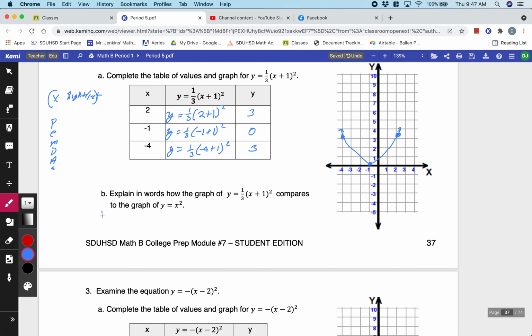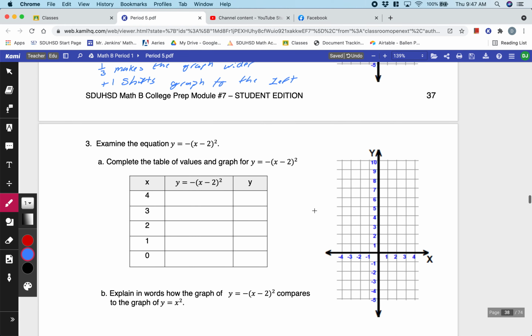The 1/3 makes the graph wider. And then the plus 1 inside the parentheses shifts the graph to the left.